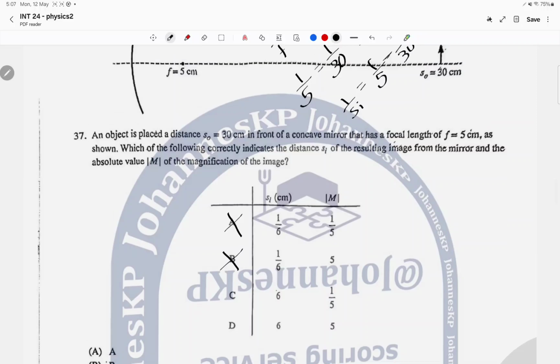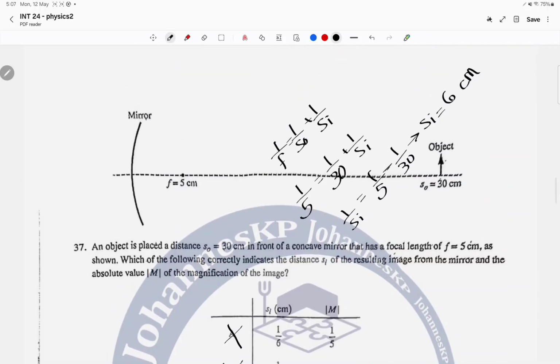Okay, now let's find M. The object is so far from F. Look, if the object is at 10, the object and image would be the same size.